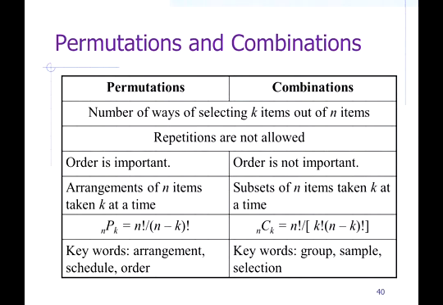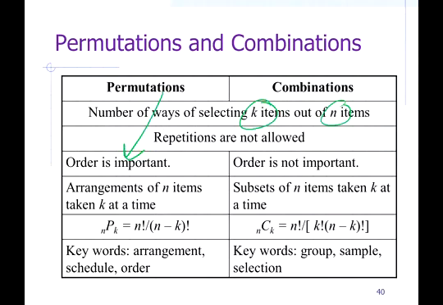Permutations and combinations. In both cases, you're selecting, in this case, I'm using k instead of r. Some books use k, some books use r. I go back and forth. Sometimes my r's come out looking like n's, and I like using k better, but either way, as long as we define what's what, selecting k items out of n items.